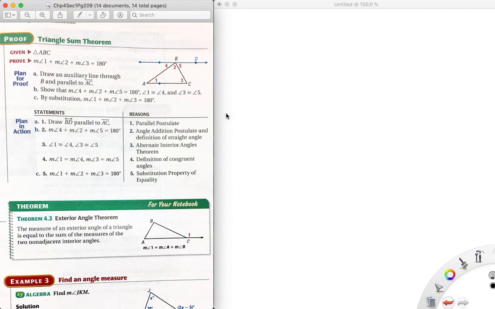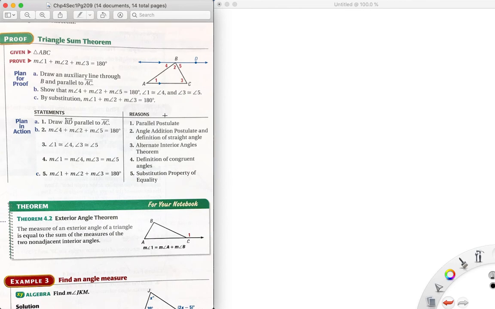That is the purpose. If we look at the proof, it says draw a line parallel to AC, draw BD parallel to AC. So we drew our auxiliary line. It's called the parallel postulate.